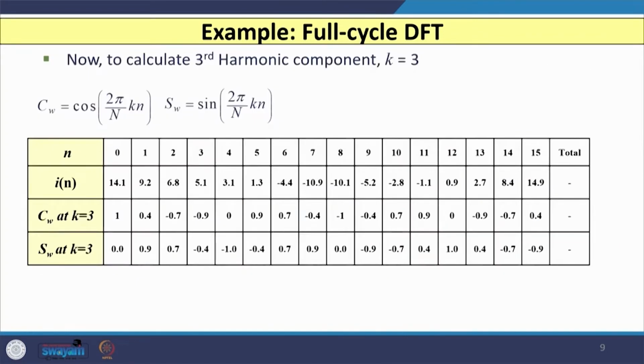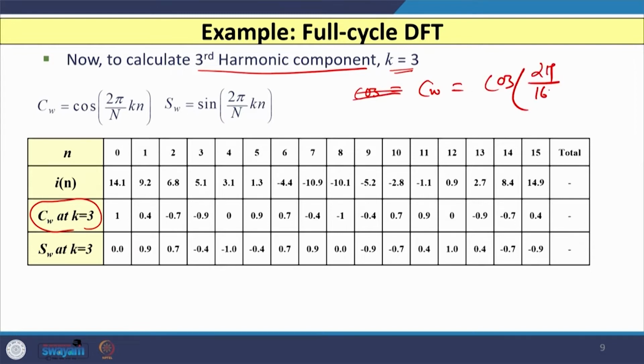Now, similarly let us calculate the phasor value of the third harmonic component. So, we have to put the value of k as 3. Then you have the C_w term equal to cos of 2 pi by N, that is 16, into k, that is 3, into n. Here we take n as the first sample, that is 0.